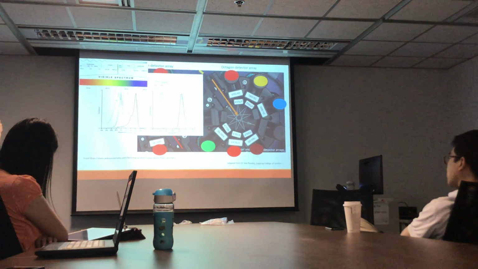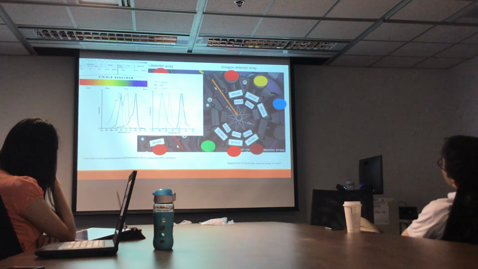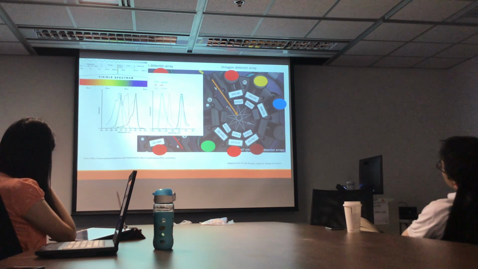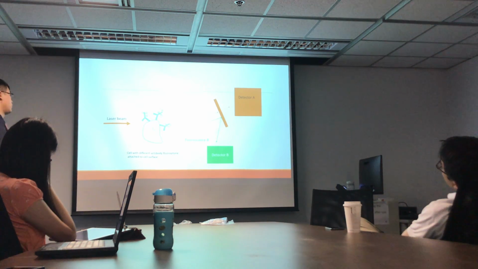However, if we want to differentiate between different fluorophores or different cell surface molecules, we wouldn't, for example, use these three in the same experiment because, as you can see, the emission peaks are very close together, and therefore it doesn't achieve our purpose of separating and differentiating between different fluorophores. Instead, we would typically use the green one, the red one, and the brown one right here because they're quite separate. This is basically a summary of what I just said.